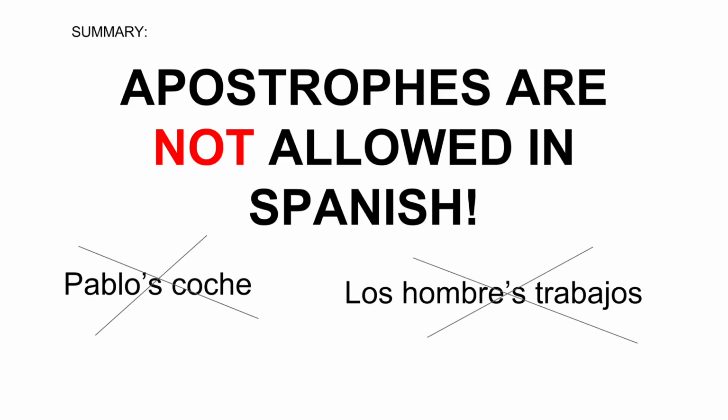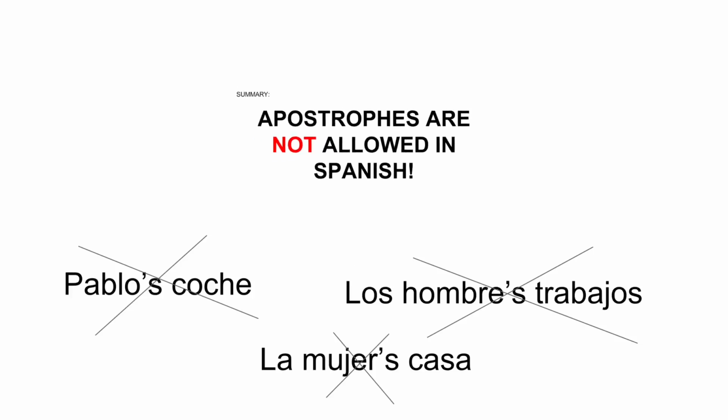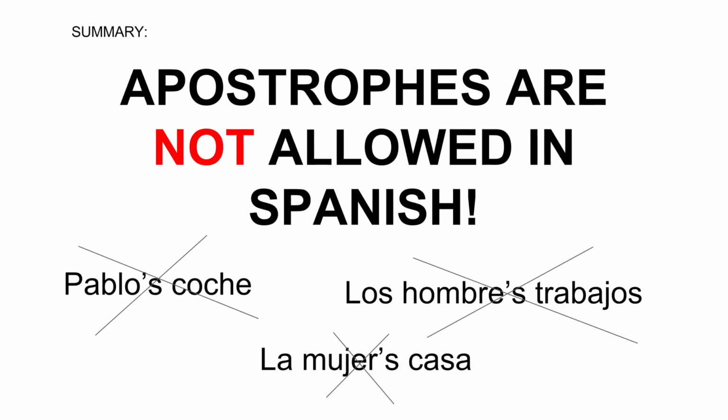We're sorry. Your call cannot be completed as dialed. Not gonna work. La mujer's casa. Nope, can't do that either. So don't just try to write it in Spanish and put an apostrophe. It is not allowed. Apostrophes are not allowed in Spanish.